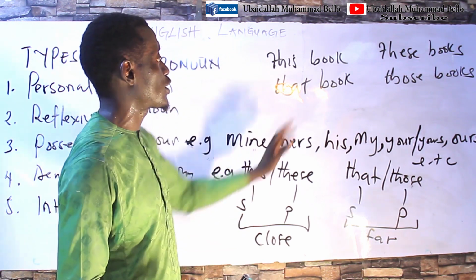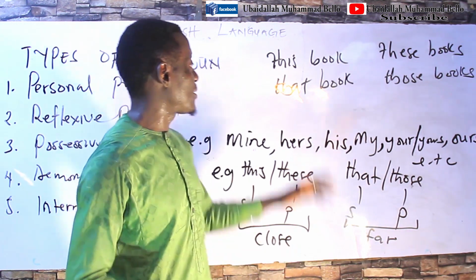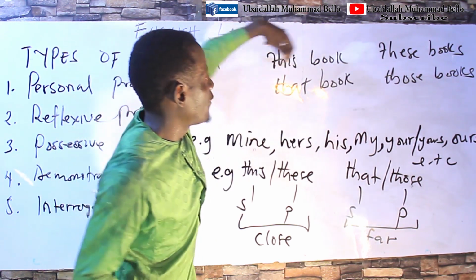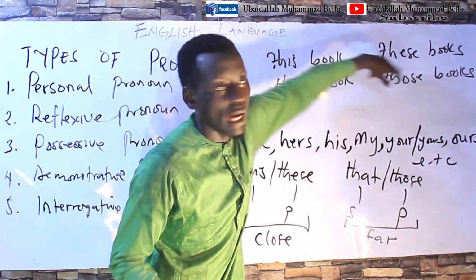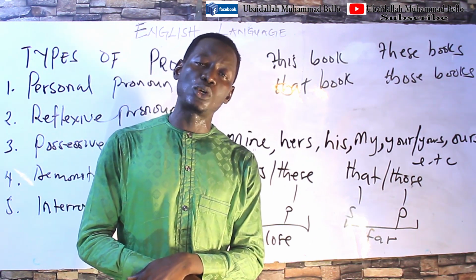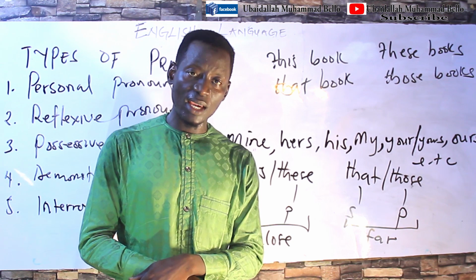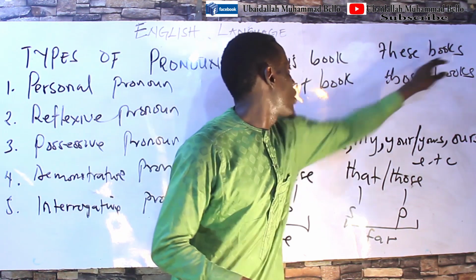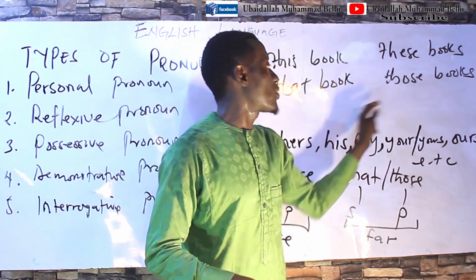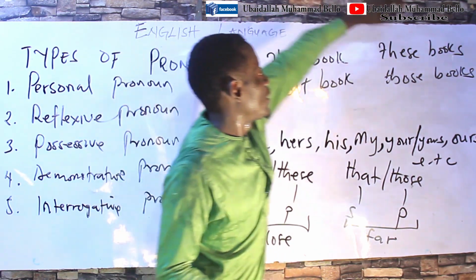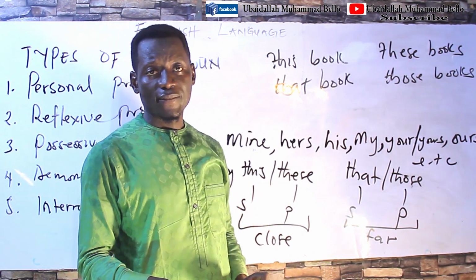They are demonstrative pronouns. But I'm bringing this issue here of this book and the other ones for you to understand another issue that has to do with context. We have books here, and these books are nouns, and we are using this with the books.